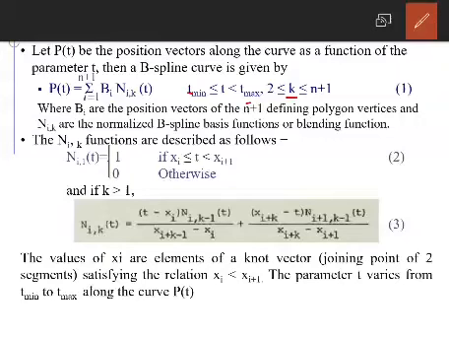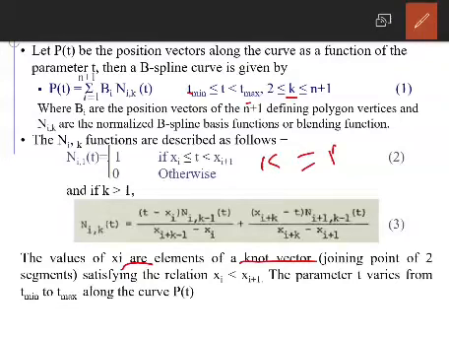Then the function Nik, the blending function, how do we define it? It has two cases. The first case is when k is equal to 1. So when k is equal to 1, Ni1(t) is equal to 1, where t ranges from xi to xi plus 1. So what is this xi? Xi is an element of the knot vector.